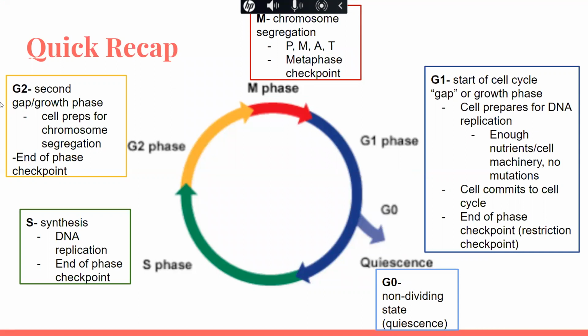S phase, pretty easy to remember: synthesis is just DNA replication. There's a checkpoint at the end before you go into G2, because you want to make sure you have your DNA replicated properly. Then you have your G2 phase, which is after DNA replication. The cell is getting bigger for mitosis, so it can split. And then we're going to talk about M phase today a lot, up until anaphase, because that's where we'll stop for this one.